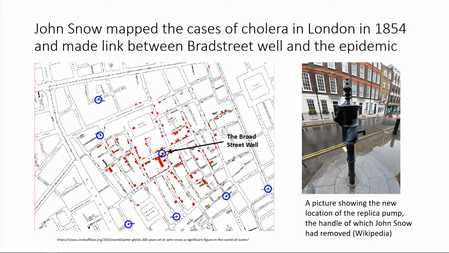So that is an example of one of the first contamination stories that was very well documented, in the early 19th century, when cholera started to break out in London. That was by John Snow.